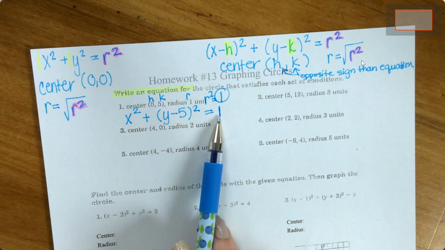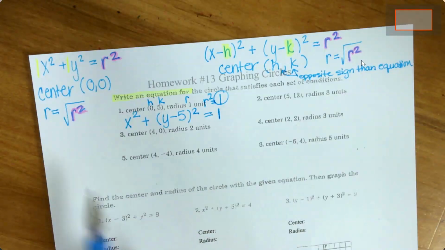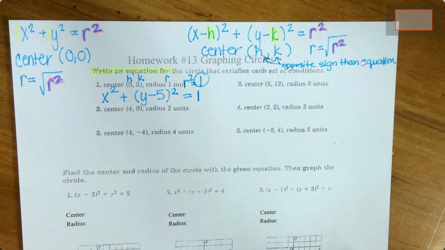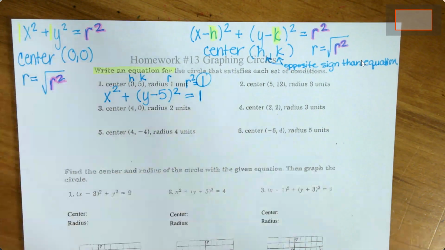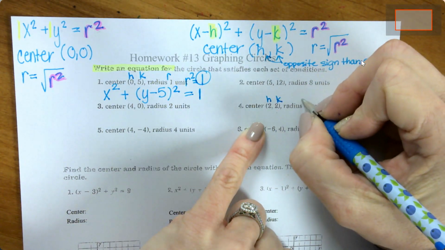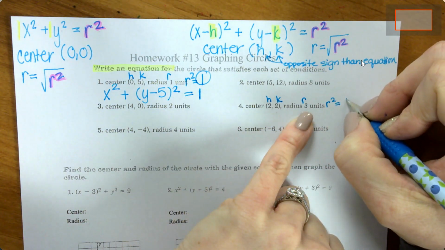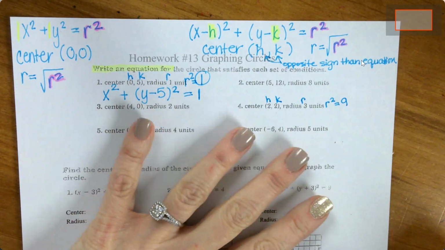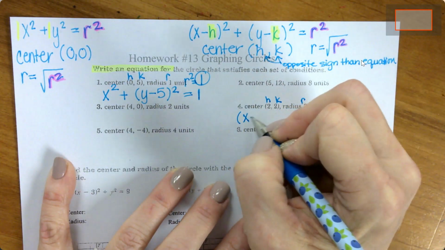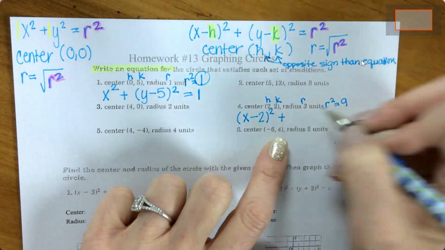So x minus 2, because that's h, square it, plus sign. y minus 2, h and k just happen to be the same number for this one. And then I'm not going to put equals 3, I'm going to put equals 9, because the number on the end is r squared. The radius is 3. If I square it, I get 9. All right. And I want you to notice that here is my center of 2, 2, but in my equation, they're both minus 2, minus 2. Everybody got that?